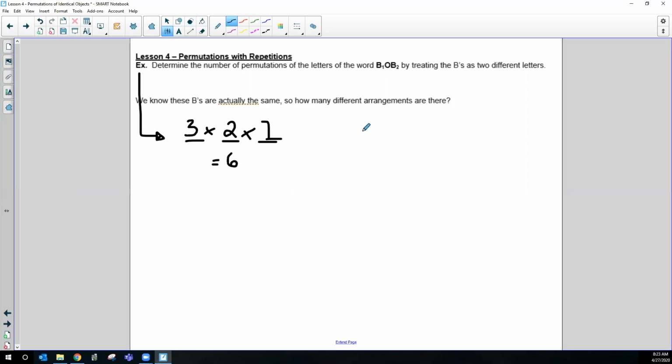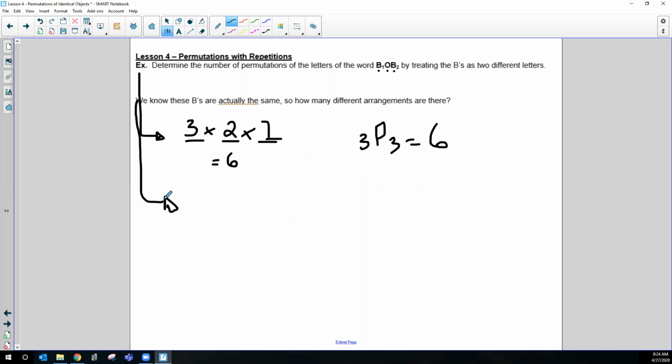If you wanted to use the permutation, you would do 3 pick 3 in your calculator, which also equals 6. So when that happens, everything's good because all 3 of these are different objects, so are letters. But if we go to question 2, we know B's are actually the same.